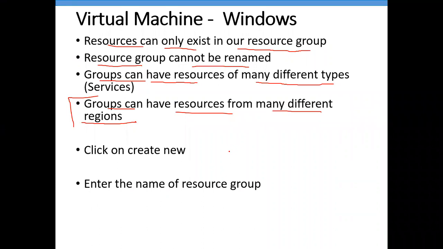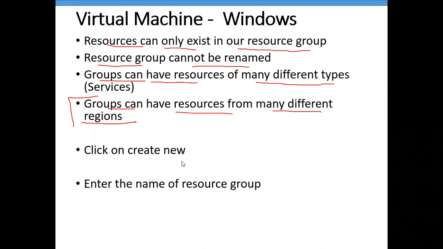This is one of the very basic, the first interview questions we are learning here: that it is possible to create resources in another region and the resource group in another region. Yes, it is possible. When you start practicing, you can try that also. But I'm telling you, it's not a good practice.